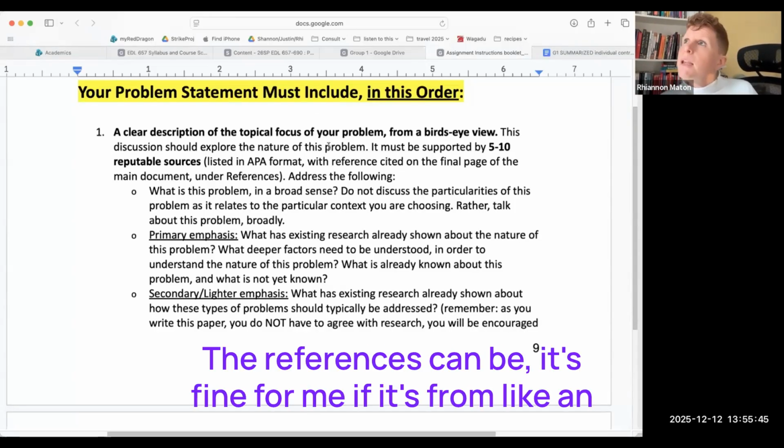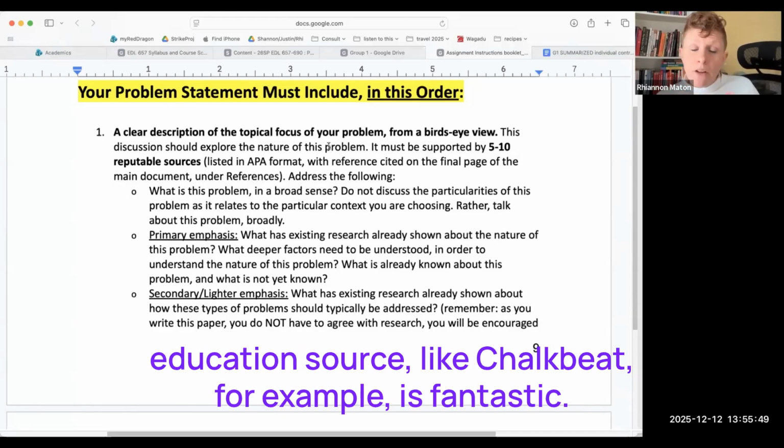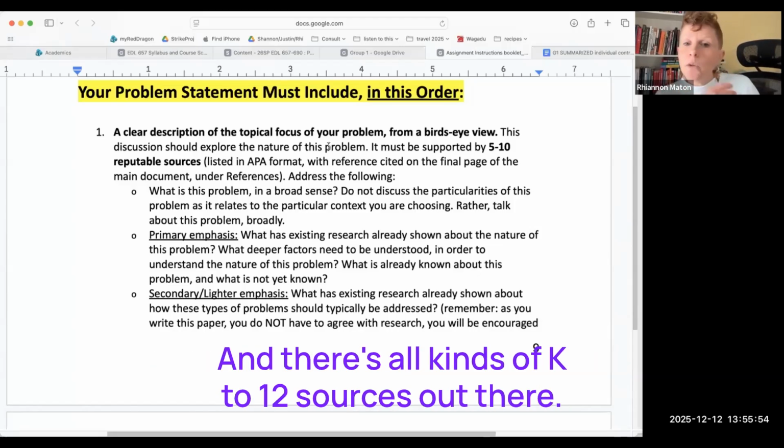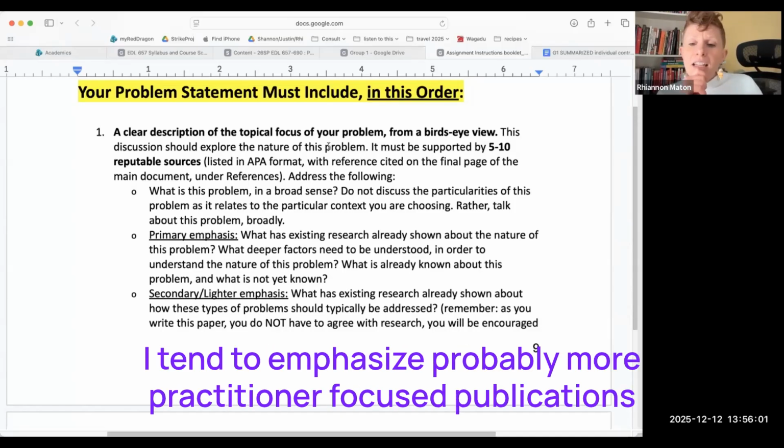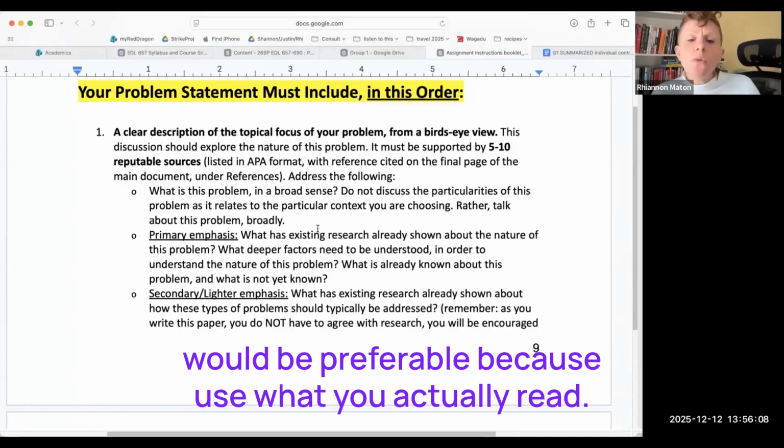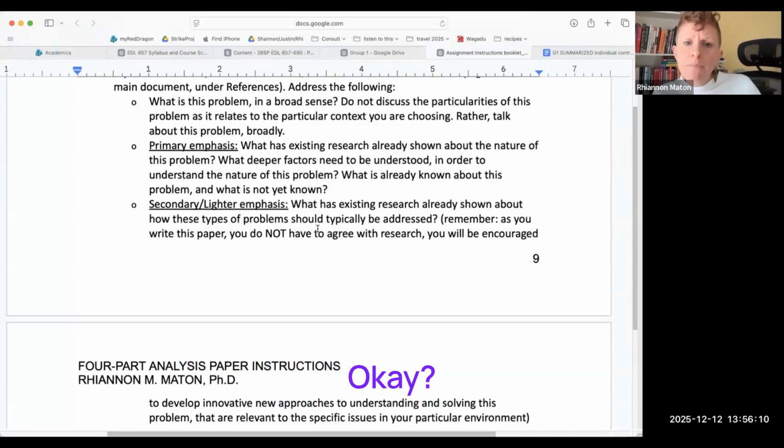And the references, it's fine for me if it's from an education source, like Chalkbeat, for example, is fantastic, and there's all kinds of K to 12 sources out there, or it could be from research. Either way is fine. I tend to emphasize probably more practitioner-focused publications would be preferable because use what you actually read, okay?